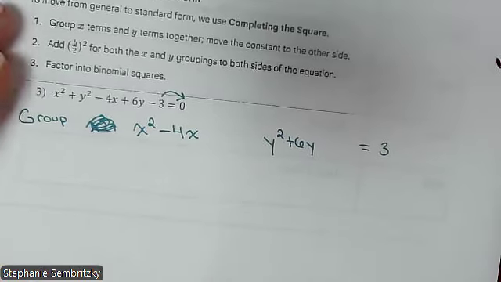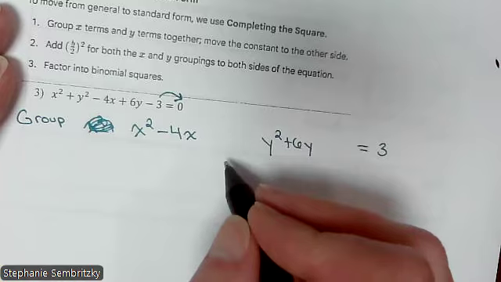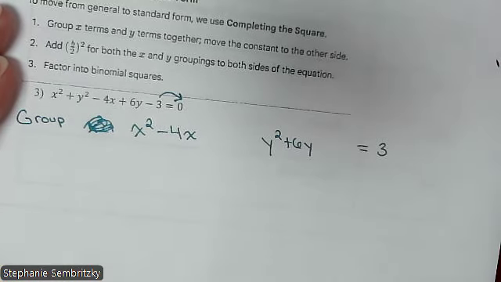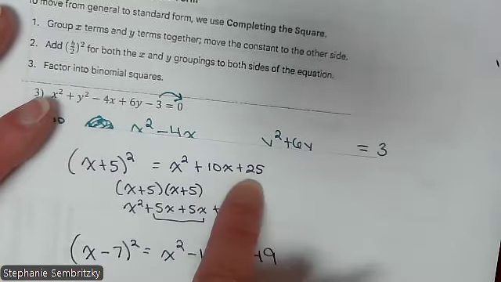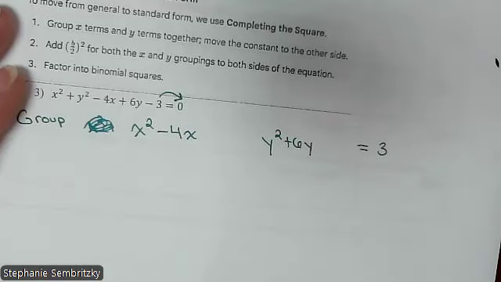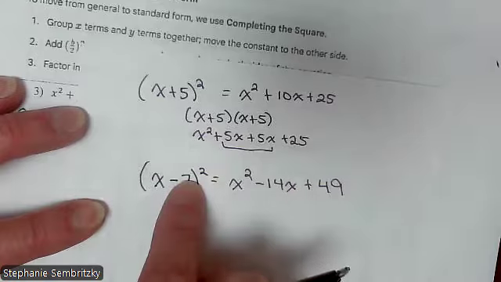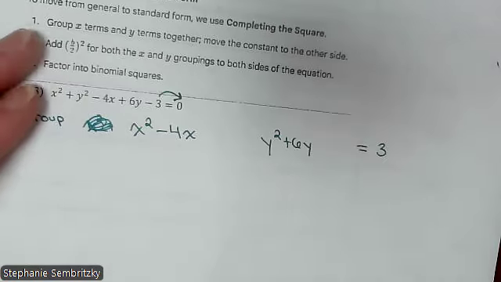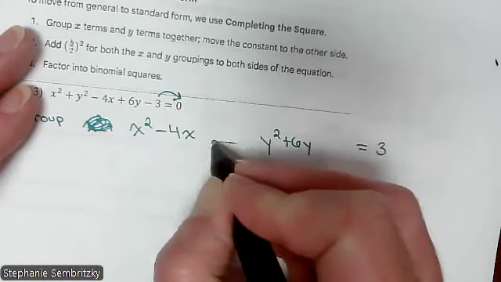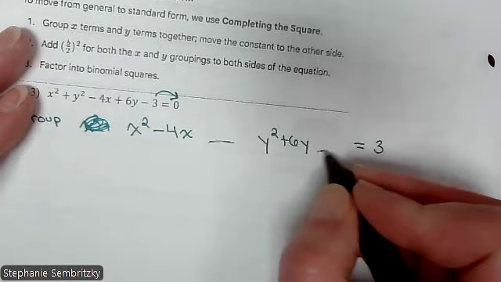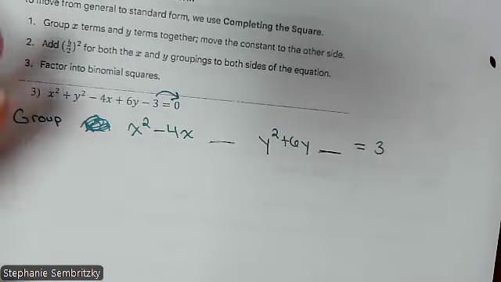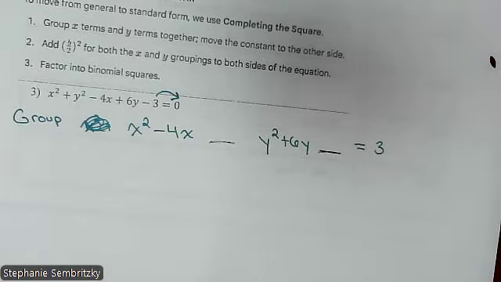So I'm given part of that. Notice on these, we always had a constant at the end that was that number in the parentheses squared. So I'm missing something here. Well, I'm missing something here too. So I'm going to start with the x's.